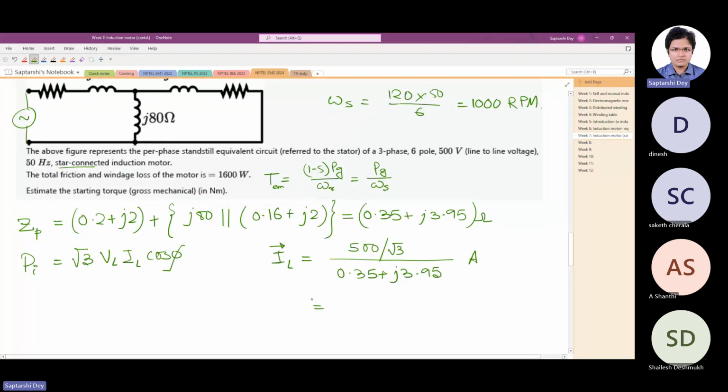So this gives stator line current of 72.77 angle minus 84.90 degree ampere. Notice one thing here, the angle is almost 90 degree. So the starting power factor is very poor.